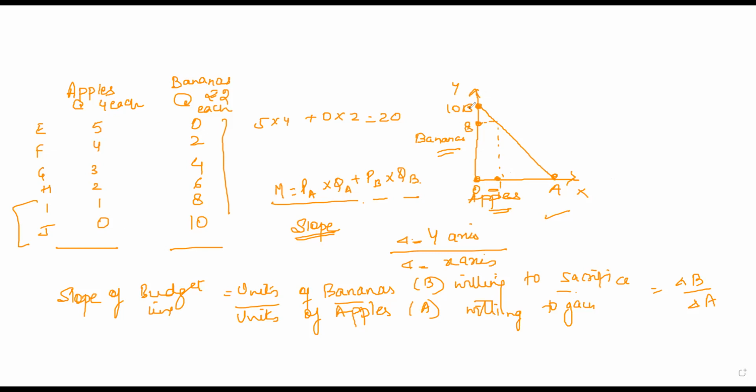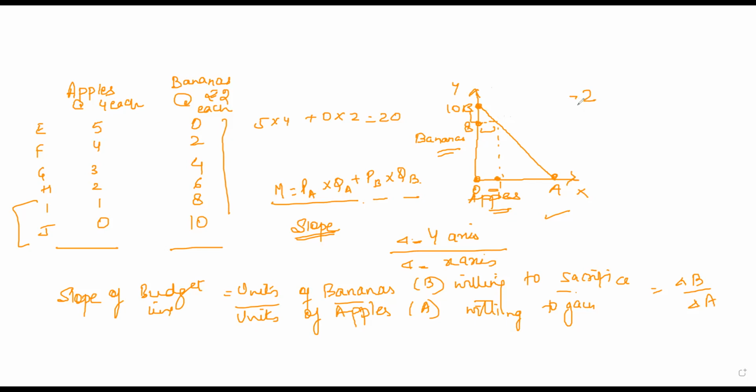Okay, so this slope, as I told you, is the change in the variable on the y-axis divided by the change on the x-axis, right? So this is nothing but your delta B upon delta A. So delta B is what? 2, and that 2 is in minus, because the change is like 8 minus 10, since you are sacrificing it.